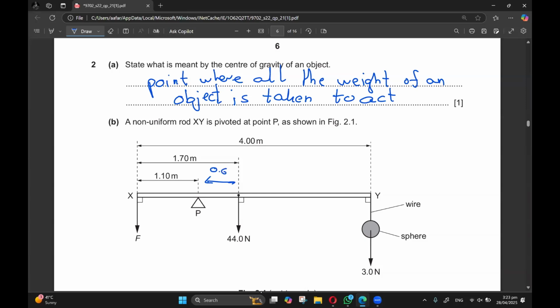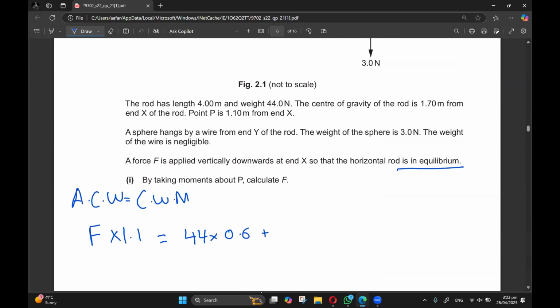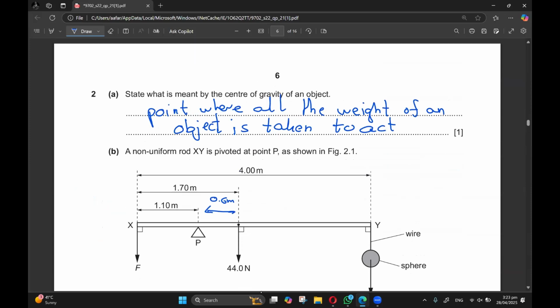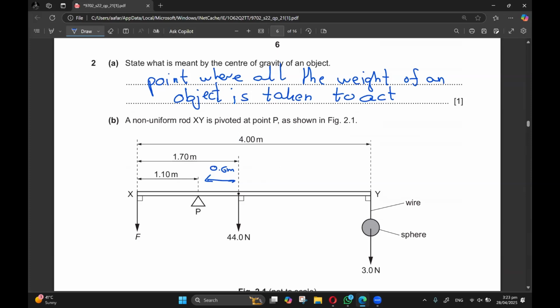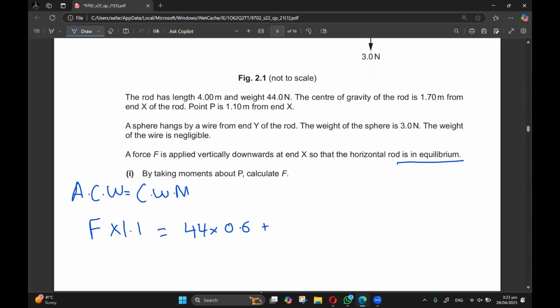And 0.6 plus 3 into 4 minus 1.7, which is 2.3.